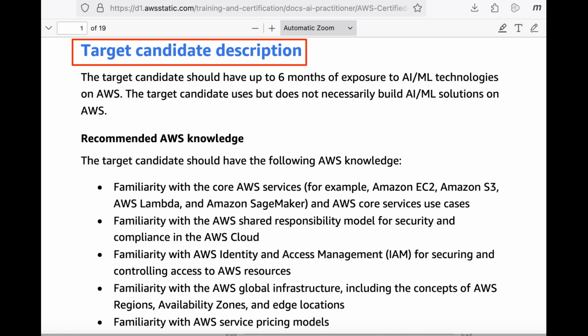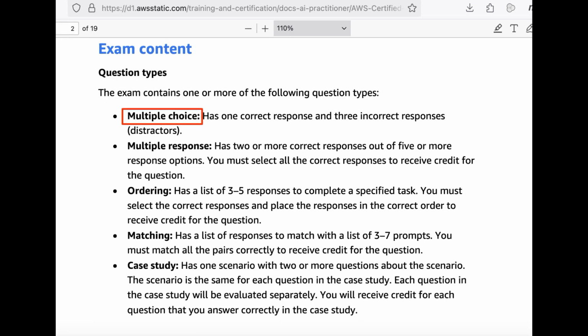The certification targets professionals with basic AWS exposure up to 6 months who interact with but don't necessarily develop AI/ML solutions. The ideal candidate should have foundational knowledge of core AWS services and infrastructure, with an understanding of security, pricing, and compliance frameworks.